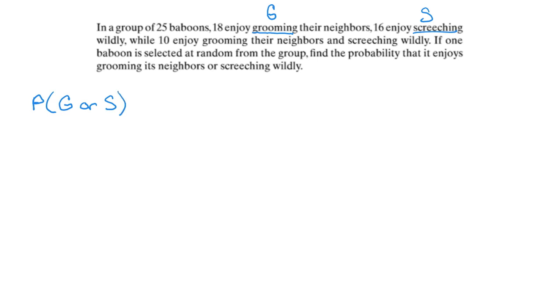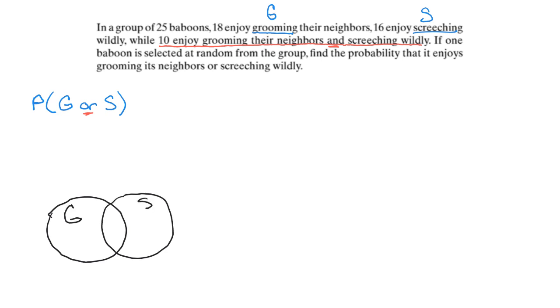When we see that word "or," we have to ask ourselves, is it mutually exclusive? Since they told us that 10 enjoy grooming their neighbors and screeching wildly, this "and" part means there's some overlap in the two sets. So we have grooming here, screeching right here, and this part in between is grooming and screeching.